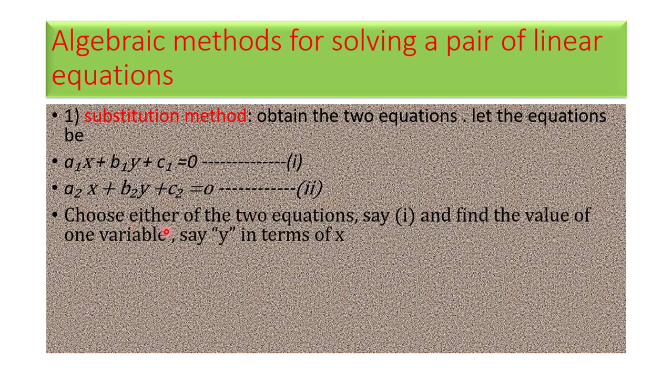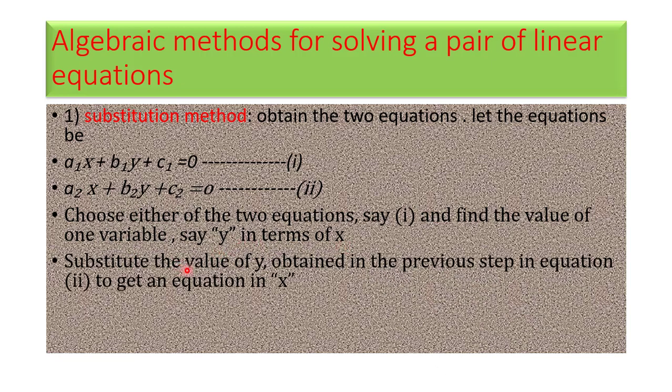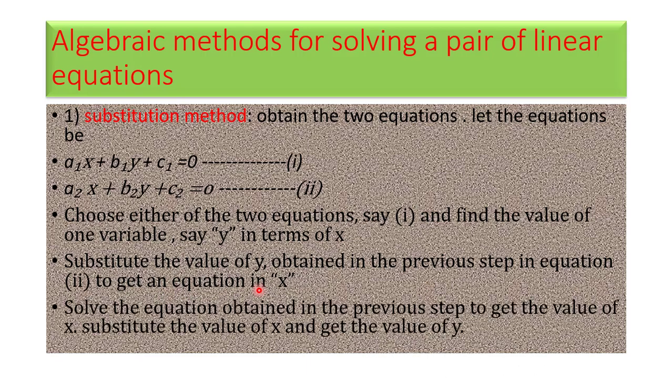Third, choose either of the two equations, say the first, and find the value of one variable, say y in terms of x, and substitute the value of y obtained in the previous step in the second equation to get an equation in x. Solve the equation obtained in the previous step to get the value of x. Substitute the value of x and get the value of y.